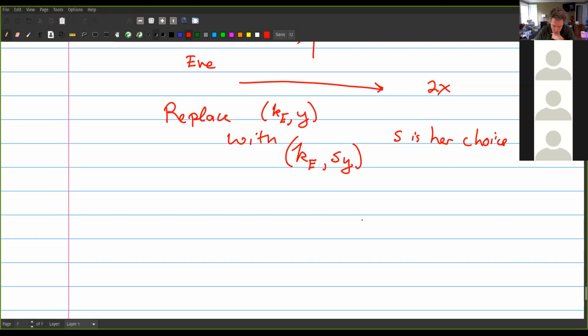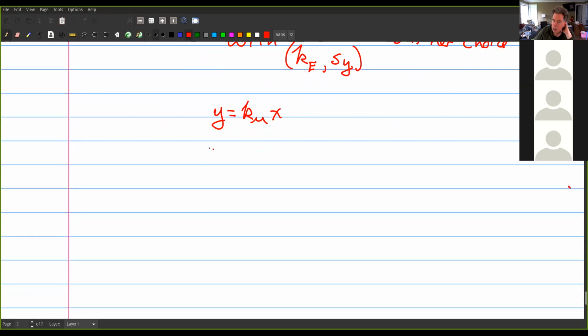Gotcha. Okay. So then when it's time for Bob to decrypt this, Y is equal to Km X, and so SY is equal to S times Km X. And how does Bob decrypt? Bob's decryption algorithm is to multiply whatever this is by the inverse of Km.